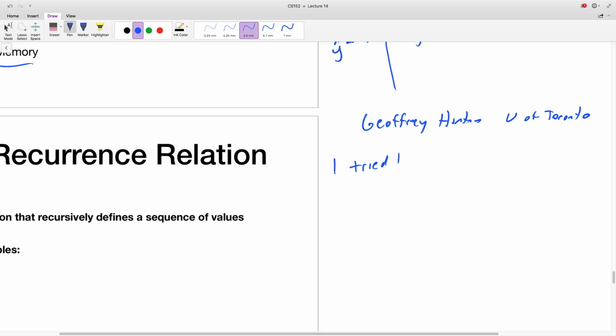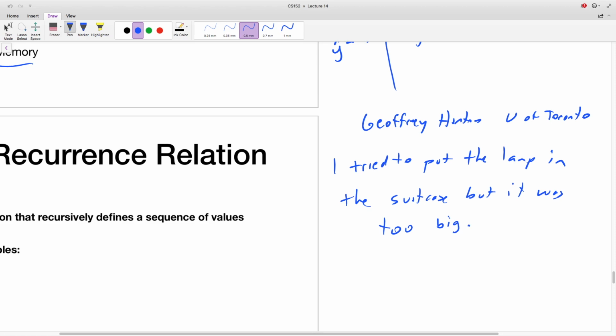Something like this: I tried to put the lamp in the suitcase, but it was too big. Does that sentence make sense? And what's the "it" here? The lamp.